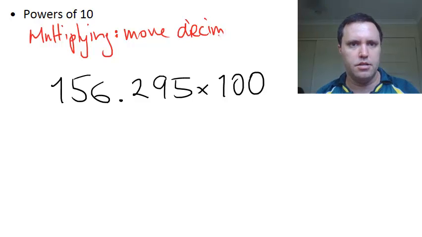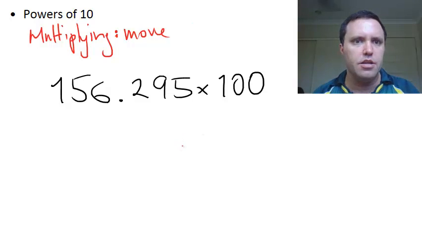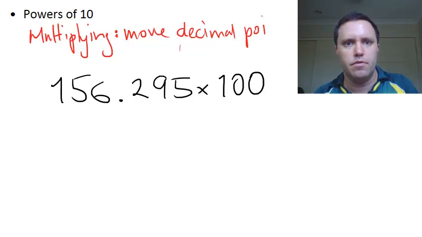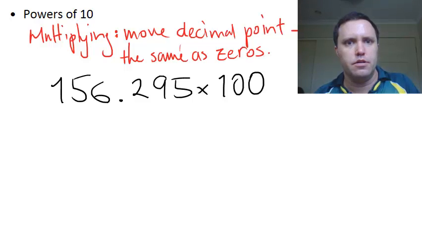Well, my writing's fairly terrible today. Sorry about that. So move the decimal point to the right, the same as the zeros that you have.